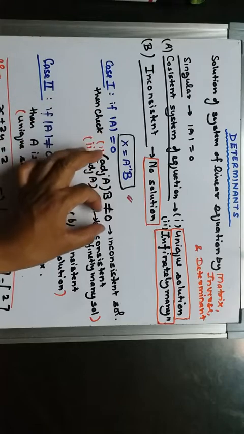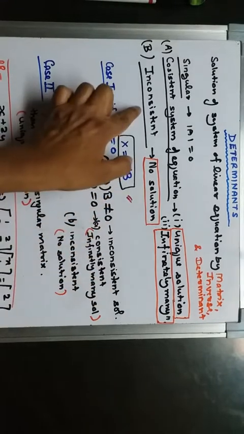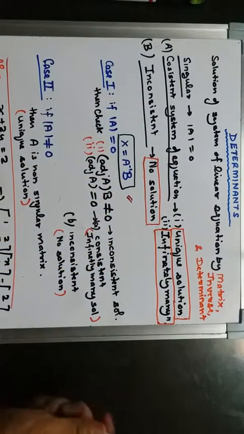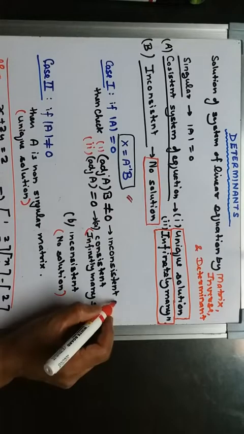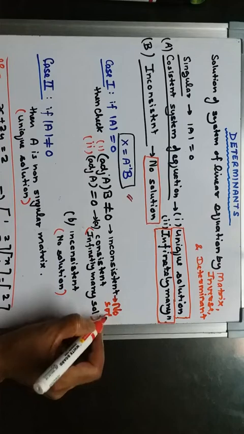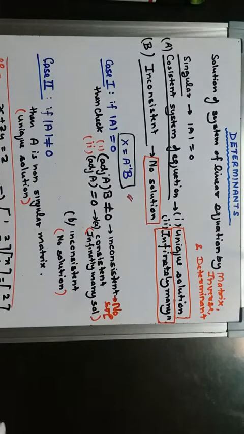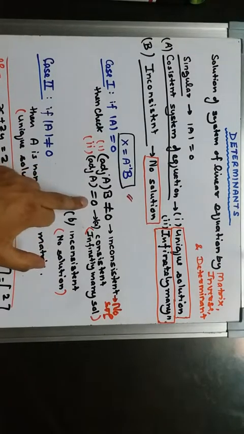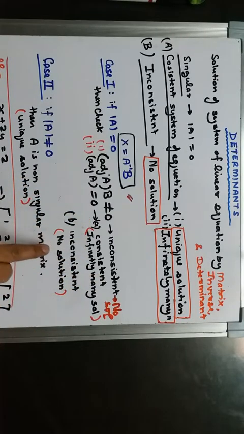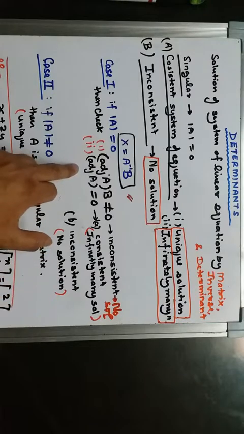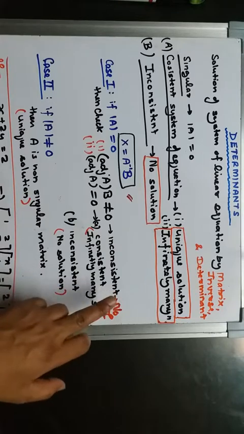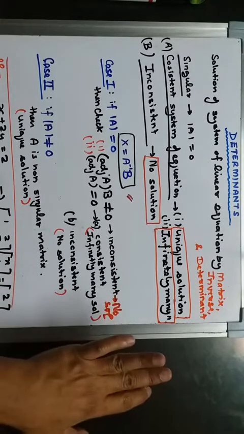If this is not equal to 0, it is inconsistent, so there is no solution. Clear? If it is equal to 0, then two cases may arise. If it is not equal to 0, you can directly write inconsistent, it has no solution, and the question ends there.